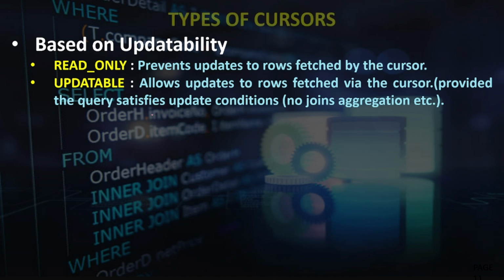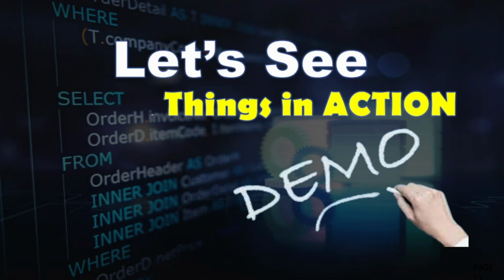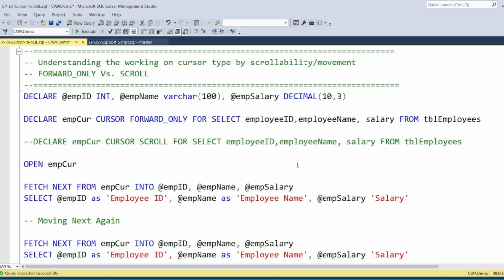We will go and see all the cursor types in action in SQL Server Management Studio. Let's go and see things in action. So I am back in SQL Server Management Studio, and here we are going to create a cursor and understand forward only and scroll.